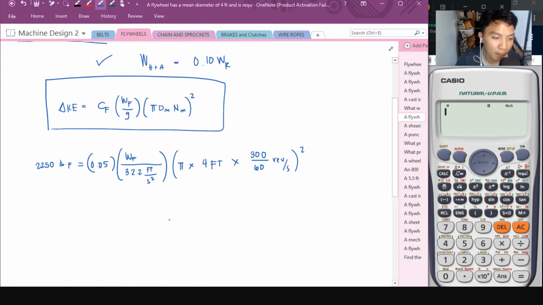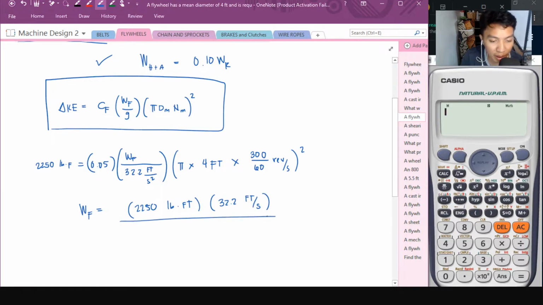Lipat natin. The weight of the flywheel is equal to 2250 pound-feet. Hindi pound force yan, pound-feet. Multiply to 32.2 feet per second squared. Divide by 0.05. Multiply to pi, square the value.